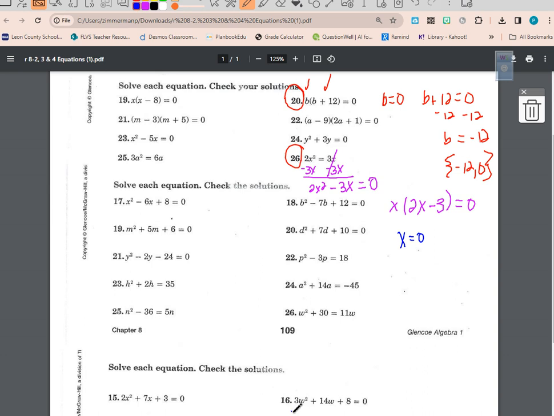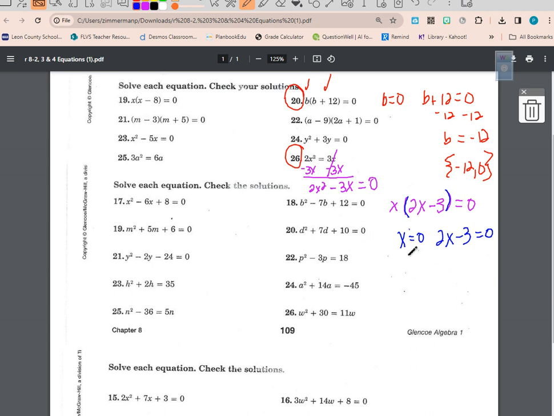What's the second factor? So this is the second factor, 2x minus 3. So this times this equals 0. So the second factor is 2x minus 3, and we set that equal to 0. Does that make sense, Anaya?